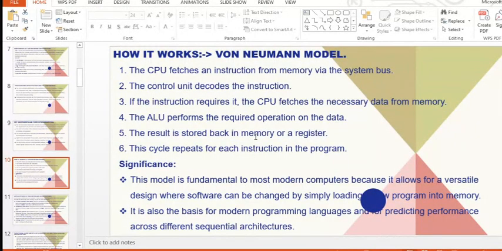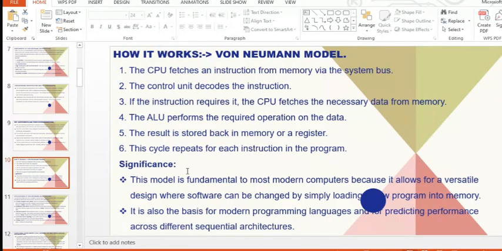Then the arithmetic logic unit performs the mathematical operations on your data. The results are stored back in the main memory or the register. Then the cycle repeats for each instruction, that sequential processing from fetching to decoding and storing your instructions or data.